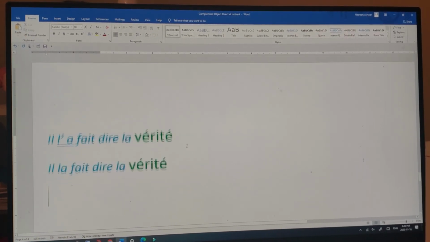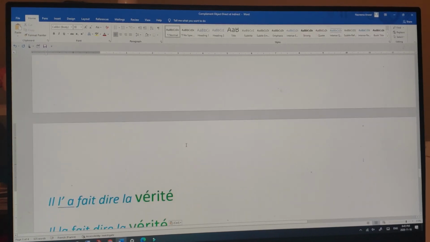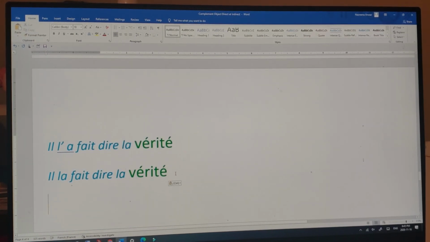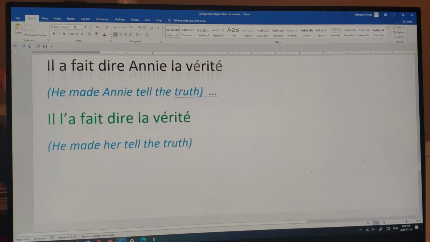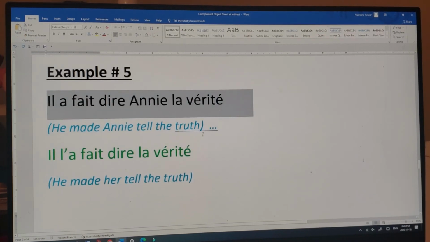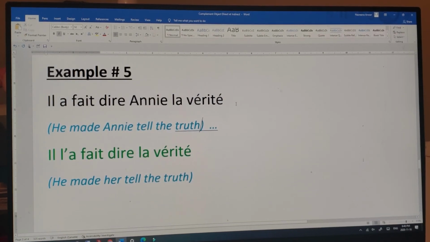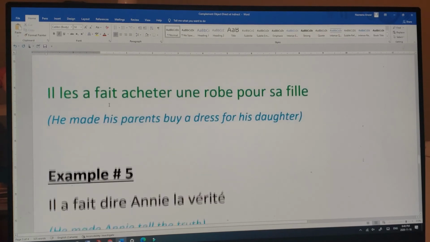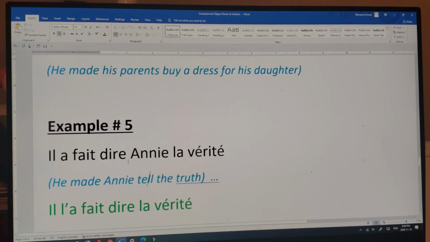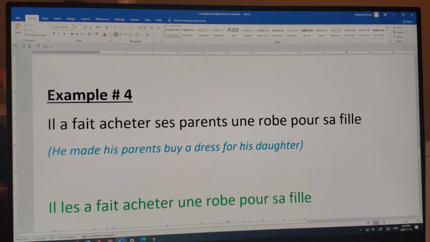So I hope this clarifies why we use the direct object while constructing the passé composé or even the present tense, right? Why do we use the direct object instead of the indirect? We cannot use the indirect object because in this sentence, il a fait dire Annie la vérité, who is the object? Annie. And how do you know whether it's a direct or the indirect? By asking the question. Il a fait dire qui la vérité. Remember to always use these questions after the verb. In this, il a fait acheter is the second verb.